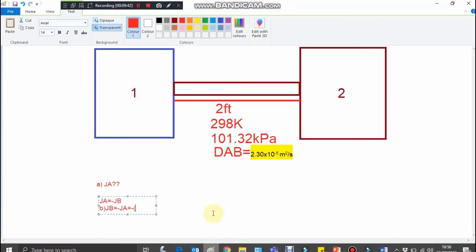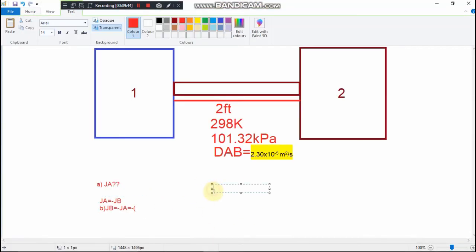So how can you find the value for PB? It is very easy, just apply Dalton's law. It will be PA1 plus PB1 is equal to P total. After you get the P total, you may rearrange this equation to make PB the subject.